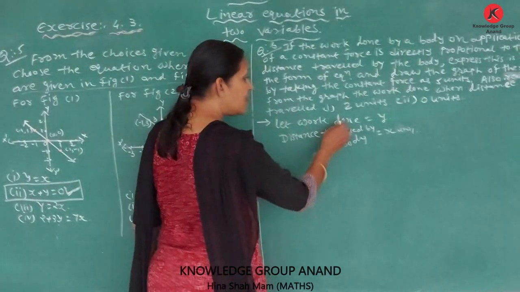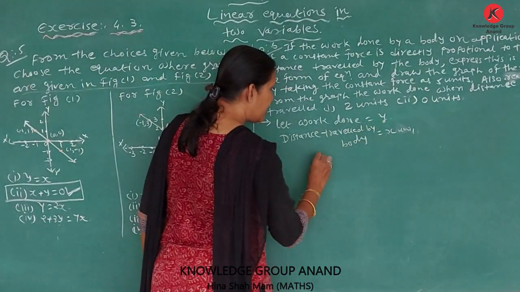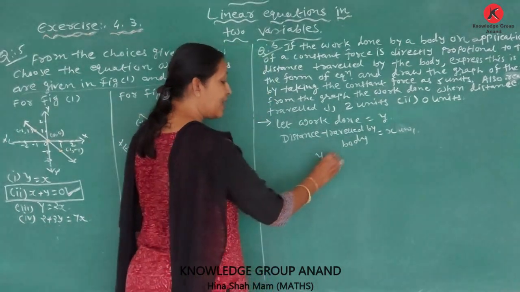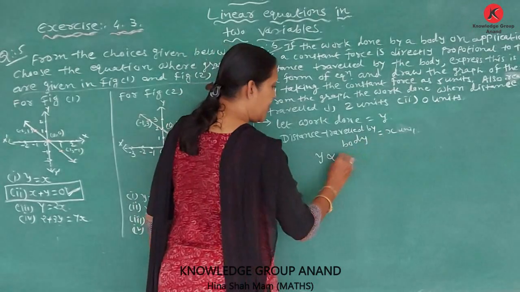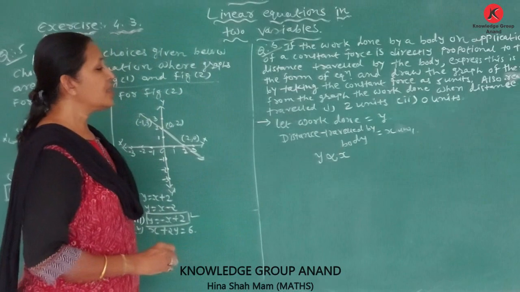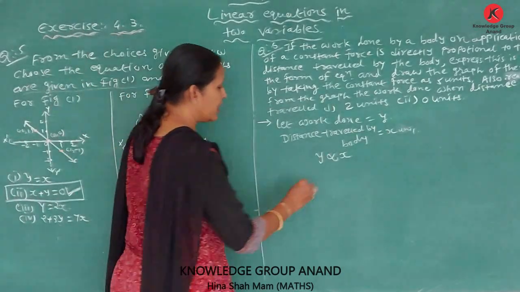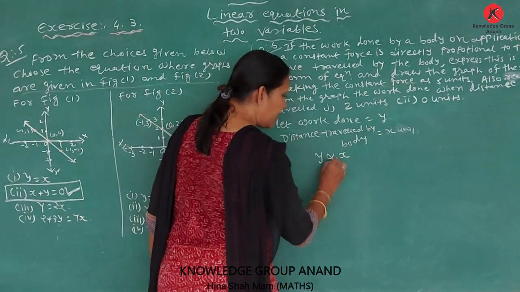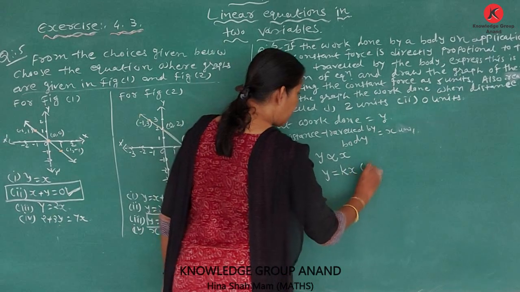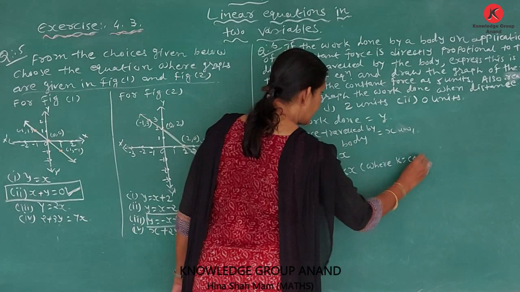Here it is a numerical from physics. Work done is directly proportional to the distance; this sign is for proportional. So y is directly proportional to x, which means y is equal to kx, where k is a constant.